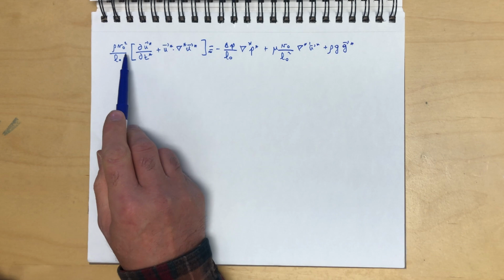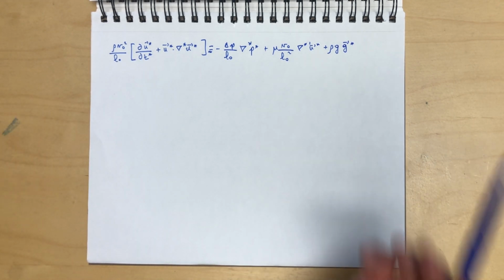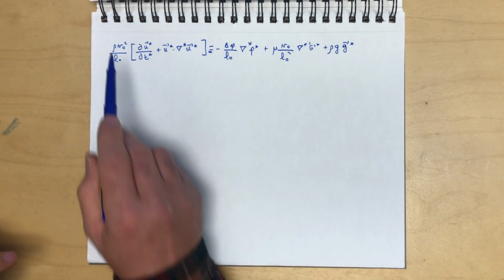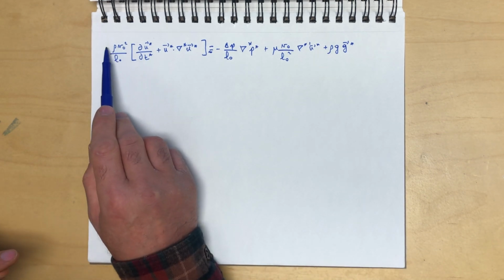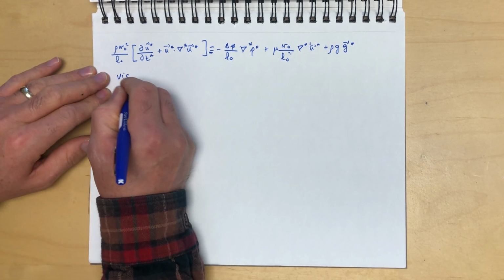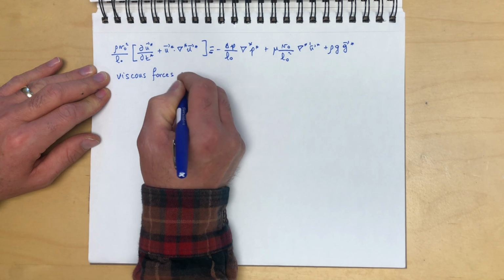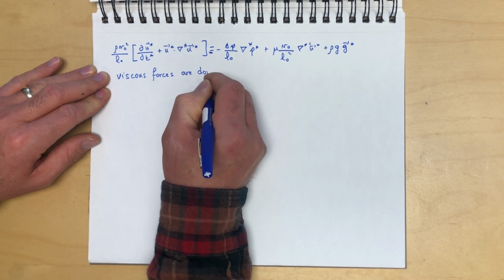So previously we asked the question, what do we divide this equation with so that we can balance terms? We said that if inertia is dominant, then we're going to divide by this term. In this case, viscous forces are dominant.